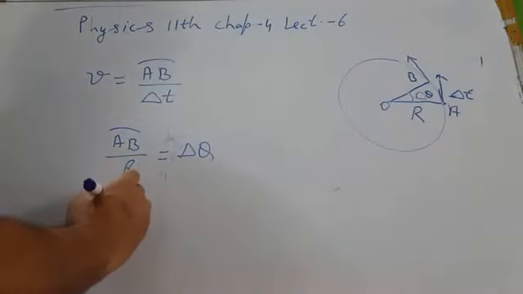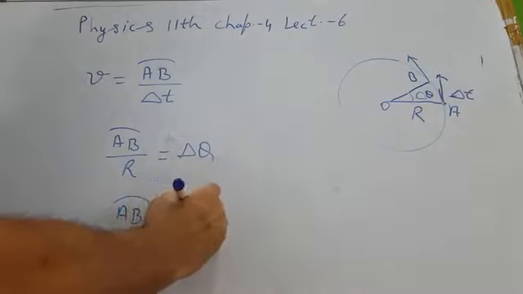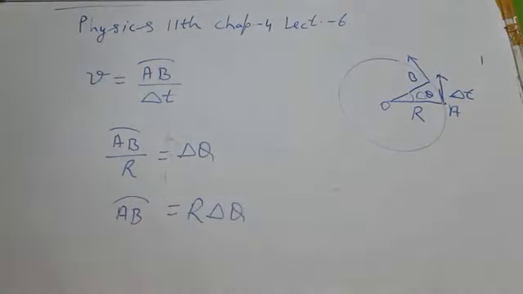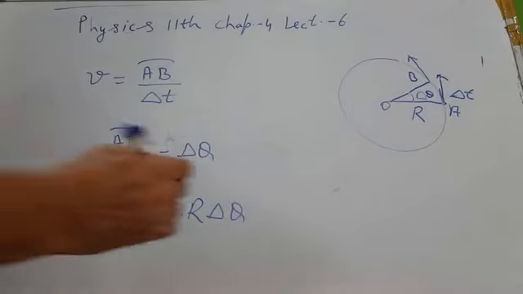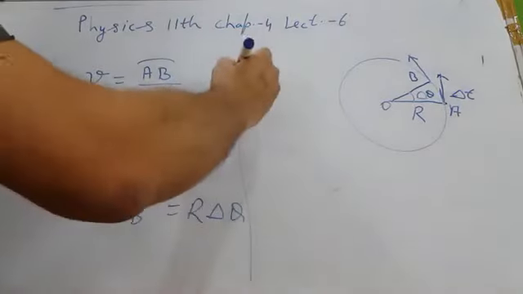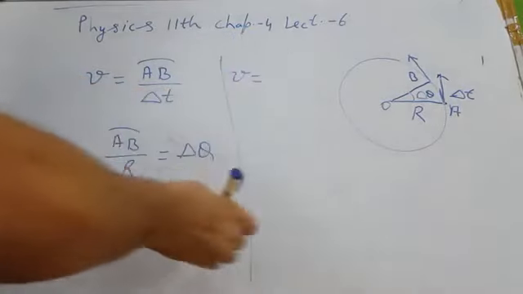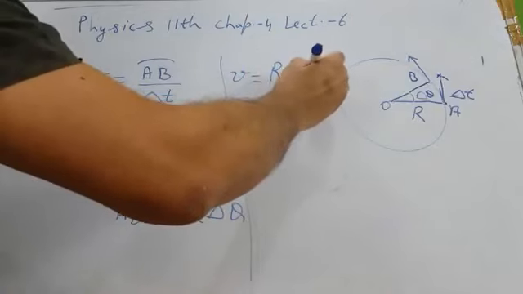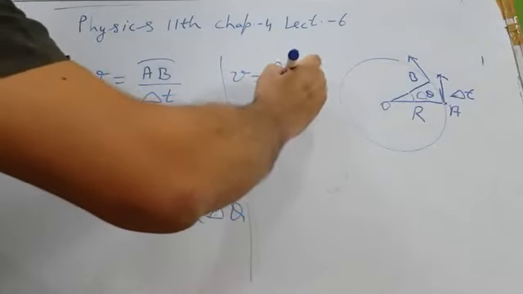So arc AB will be equal to R delta theta. So that will be the value of arc AB. So what will be the velocity? Substituting the value of AB, velocity will be R delta theta divided by delta t.